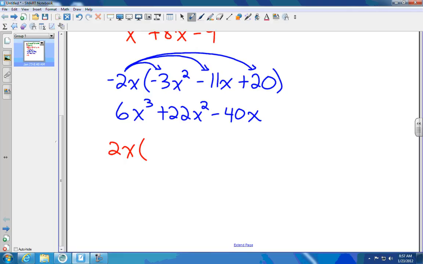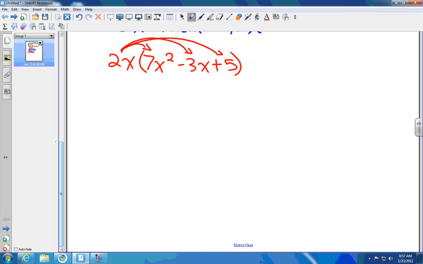2x times 7x squared minus 3x plus 5. So again, distributing to all three numbers inside there. 2x times 7x squared. 2 times 7, first of all, would give you 14, and then multiplying the x's, you have x cubed, and then 2 times -3 is -6, and combining those x's, x squared, and plus 10x.